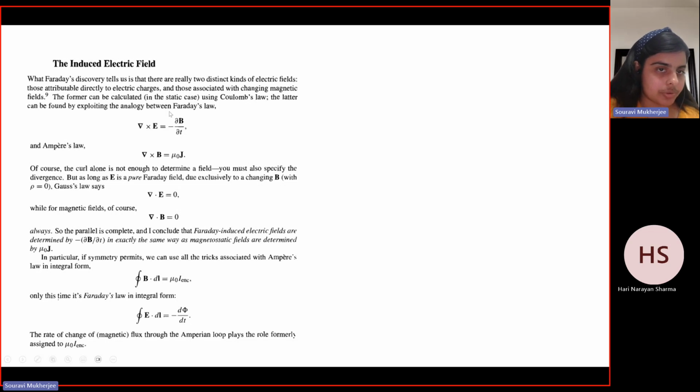You can try to write the same expressions in terms of integrals: closed integral of B dot dl is equal to mu 0 I, and closed integral of E dot dl is equal to minus d phi dt. So these are the integral forms and this is the differential form.